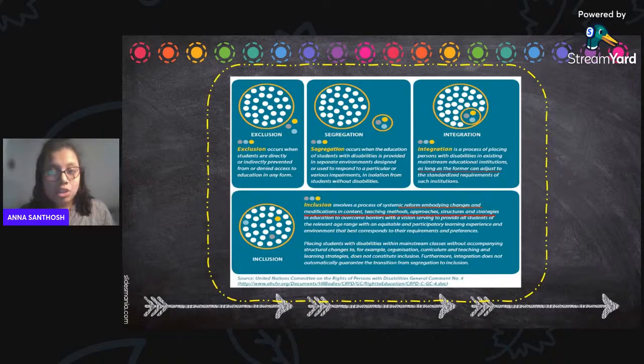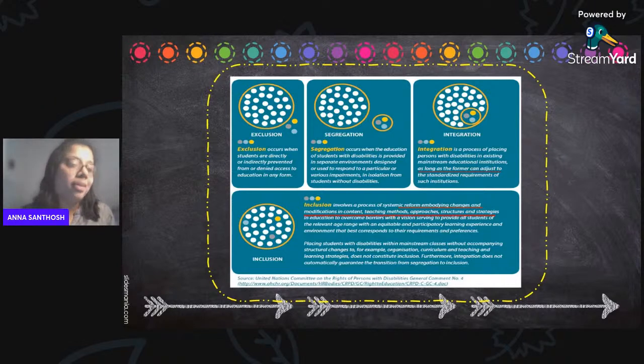But later that changed. Integration, you can see here: those who were once separated or segregated from the normal community have been included with others. This is the process of placing students with disabilities in existing mainstream educational institutions, as long as they can adjust to the standardized requirements of such institutions. They have been placed in mainstream schools, but the students with disabilities should adjust themselves to the standardized requirements of the institution.